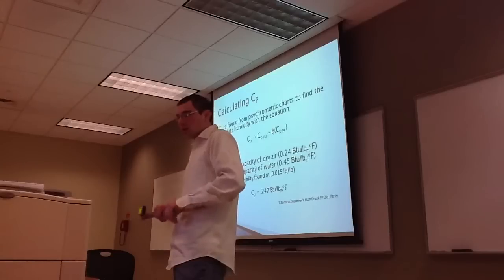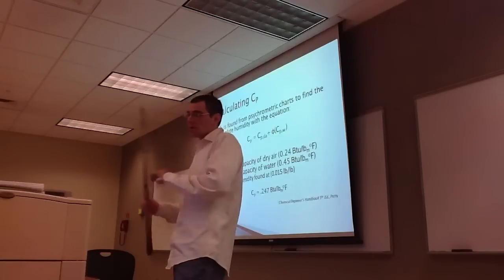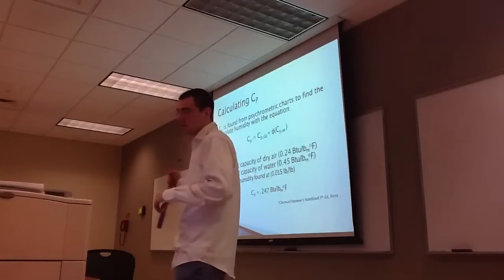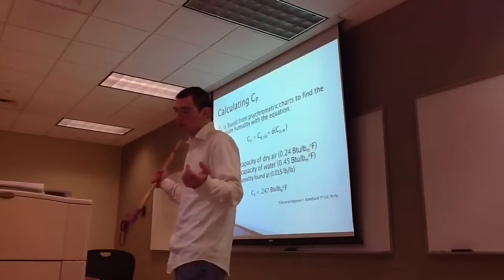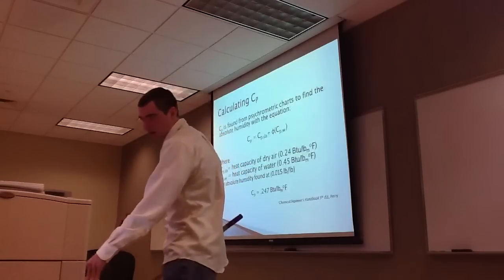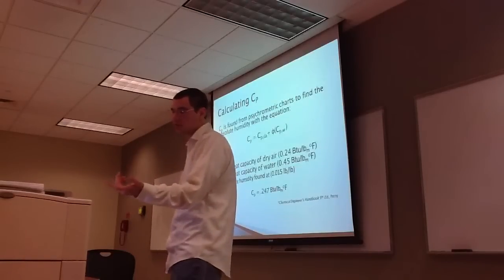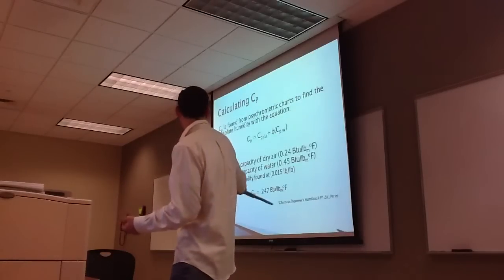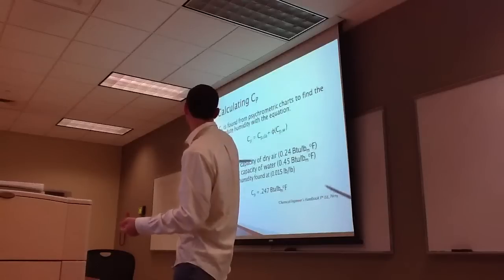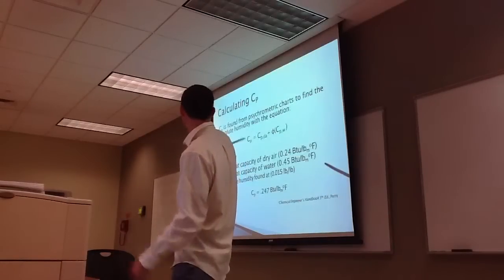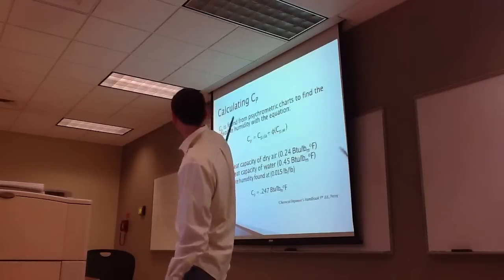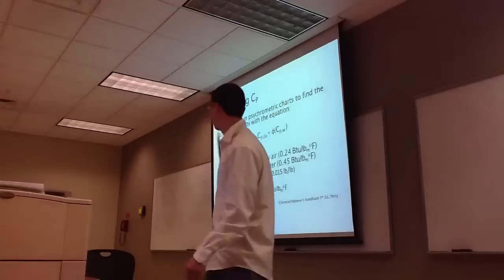So to find the heat transfer rate, we have to find the specific heat capacity of the air, which is humid. To do this, I found this equation from Perry's, where the coefficient of, what's the coefficient?